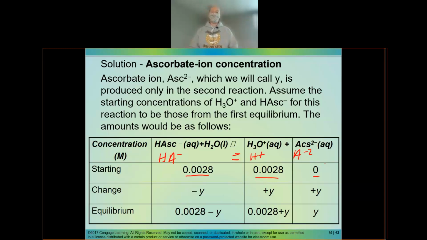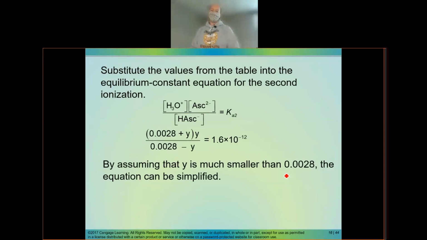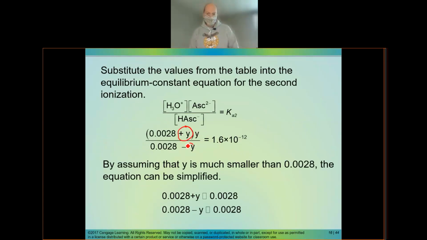You stick that into the Ka2 expression. All right, the Ka2 expression. And if you want to check to see if we can omit the plus y and the minus y without checking, again, here you're going to take your concentration of A over the Ka2. All right, so you're starting with 0.0028, and the Ka2 is 1.6 times 10 to the minus 12.